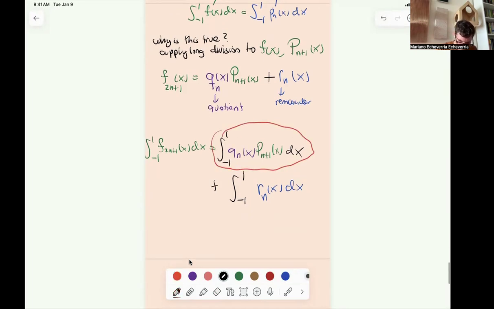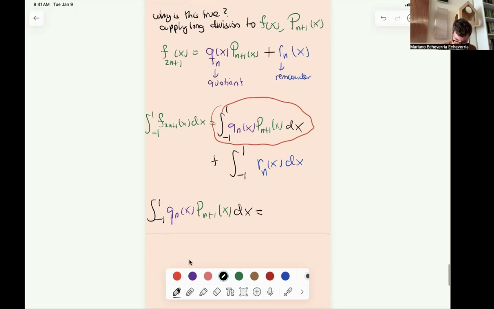So what is the integral from -1 to 1 of Qn of x times Pn plus 1 of x dx? Well, this is where the inner product shows up. That is the inner product between Qn and Pn plus 1, right? Is that making sense?